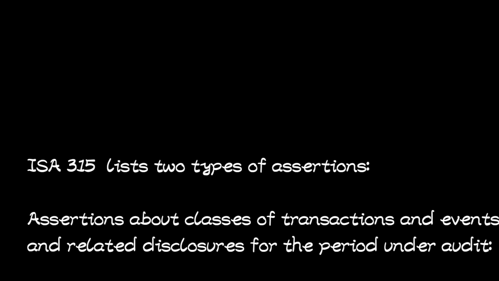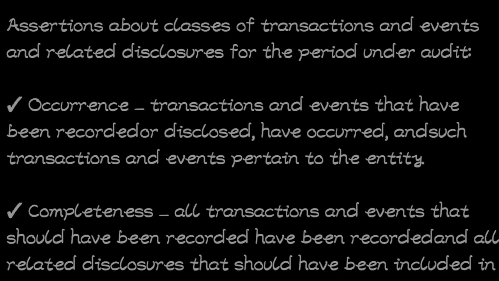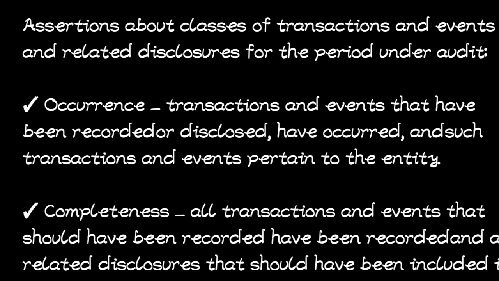So we shall start with the assertions about classes of transactions and events and related disclosures for the period under audit. The first assertion under classes of transactions is occurrence. The auditor has to make sure that the transactions and events that have been recorded or disclosed really occurred, and such transactions and events pertain to the entity.